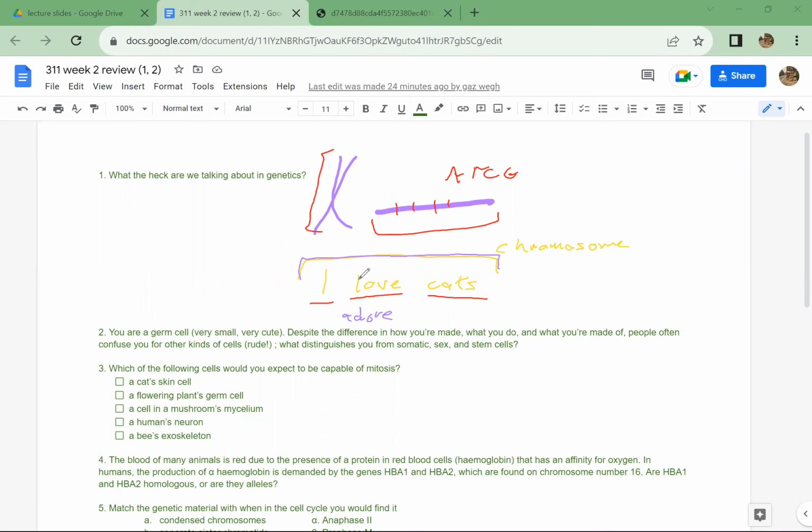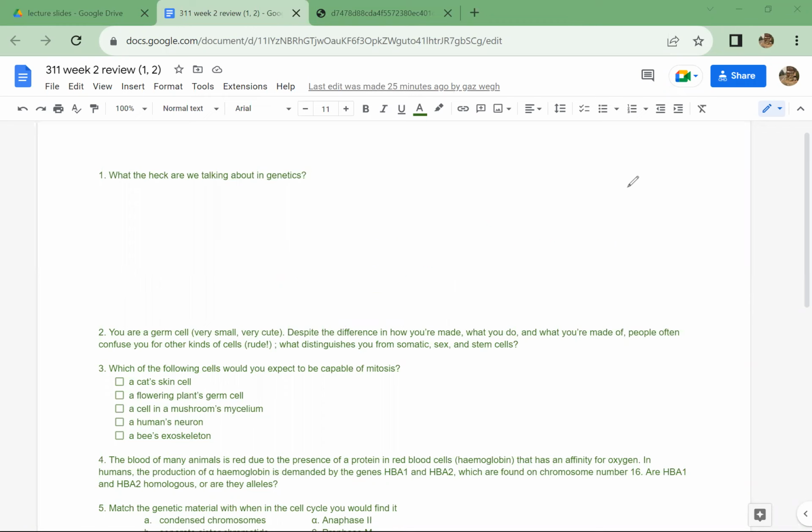However, I could use a word and a synonym of that word, just like a chromosome can use one allele or another allele and still code for the same gene. And that is a very good start to what we're doing in genetics.